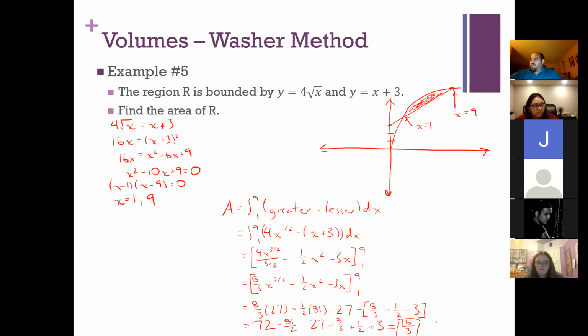Right, any questions on this area here? Obviously, hopefully that was a good review for the stuff we did yesterday.